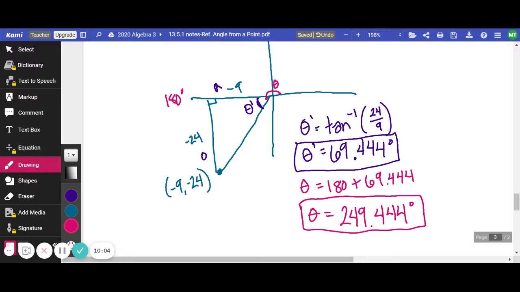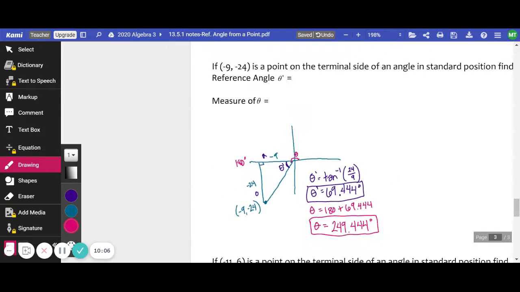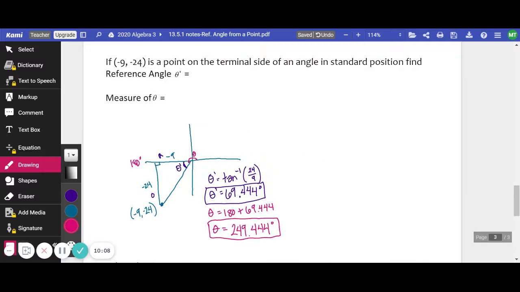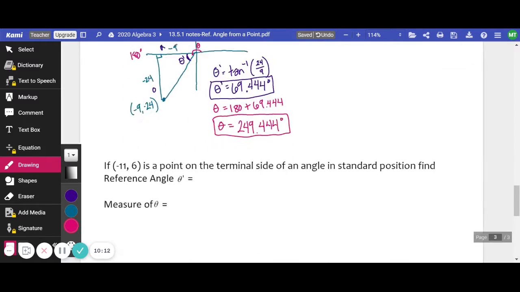And there's my two angles. So that is how we find a reference angle and measure of theta when given a point.